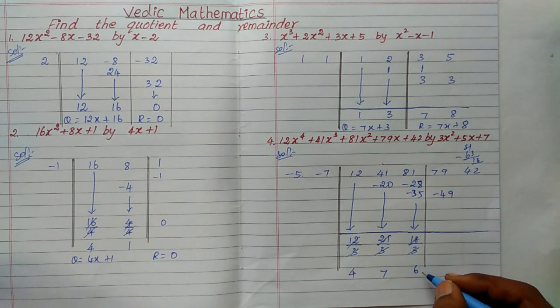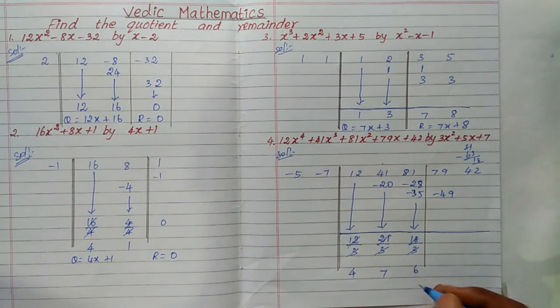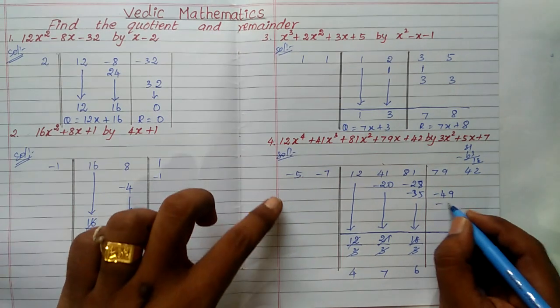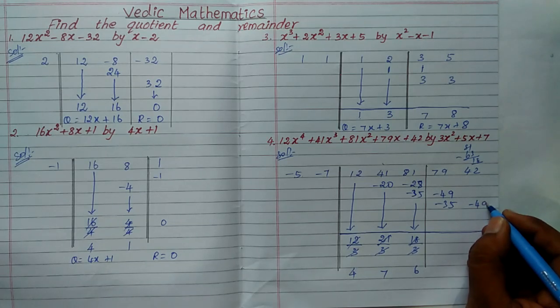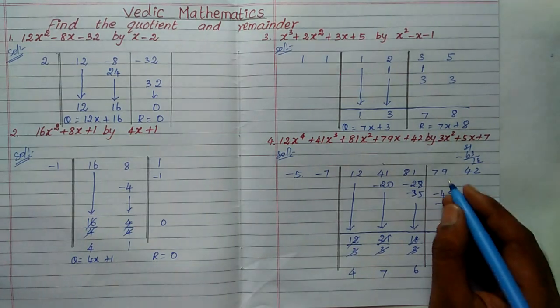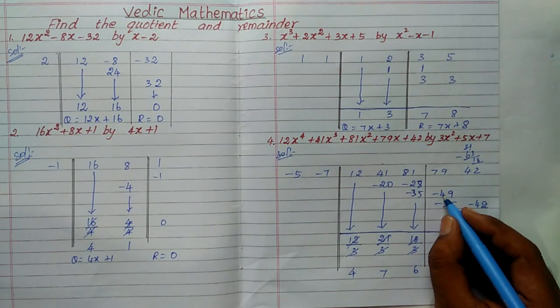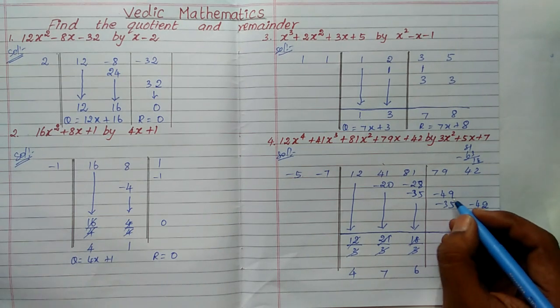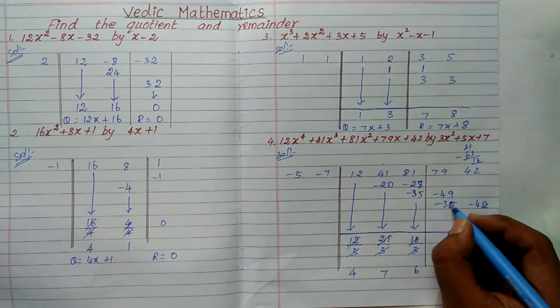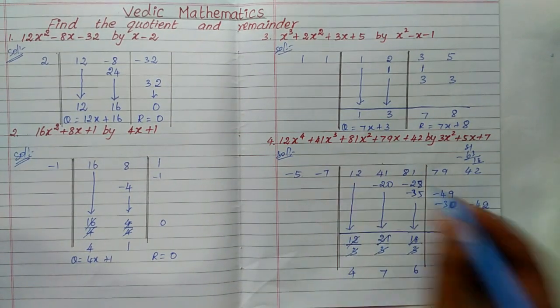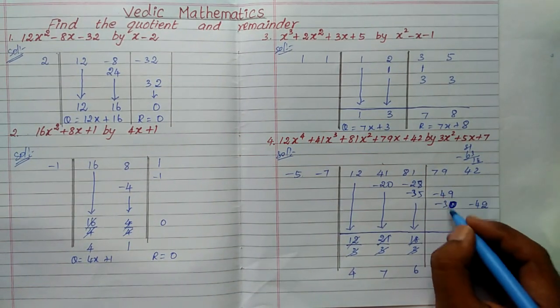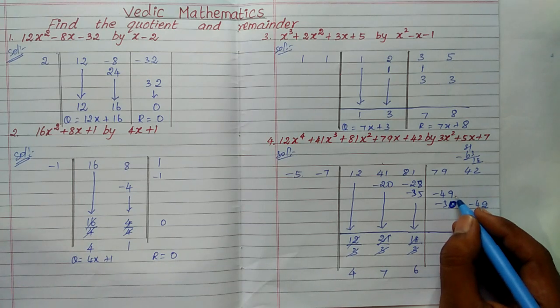Now take 6, and 6 5s are minus 30, and 6 7s are minus 42. Now 79, 40 plus 30, 70, 70 plus 9, 79.